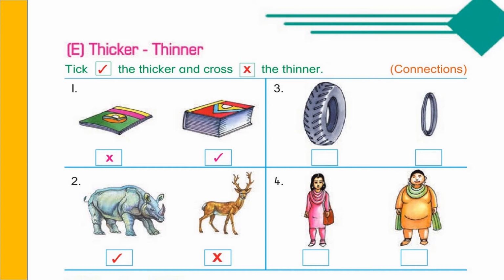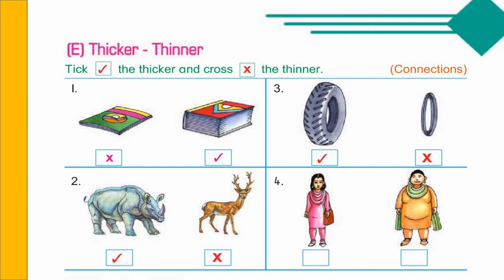One is the tire of a lorry or a bus, and the second one is the tire of a bicycle or cycle. So the cycle tire is much thinner than the bus tire. You know that, right? You can compare it when you see them on the road. So a cross for the bicycle tire and a tick mark for the bus tire.